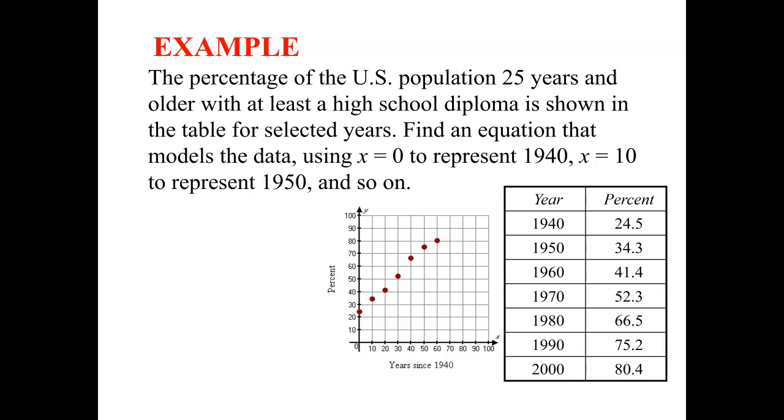Makes it really easy because we can see x equals 0 is going to represent 1940, and we've got these x and y values to match. For the year 1940, we had 24.5%. Oh, look, we have this point right here. So that chart matches up with the graph. The graph helps us identify the x values. The chart helps us identify more precisely the y values.